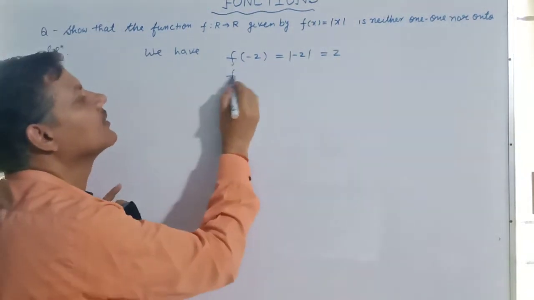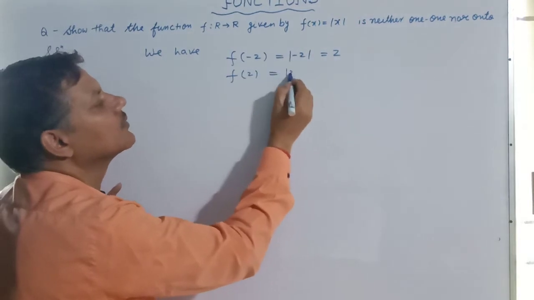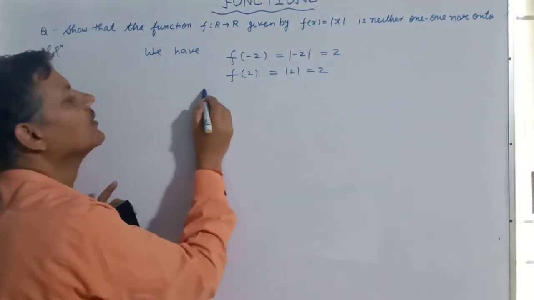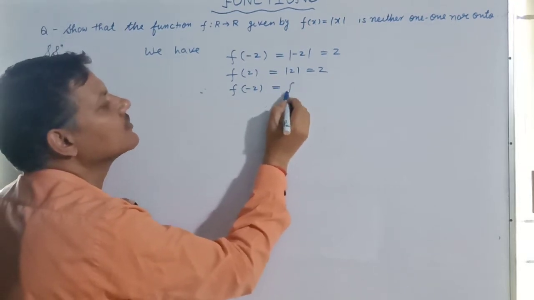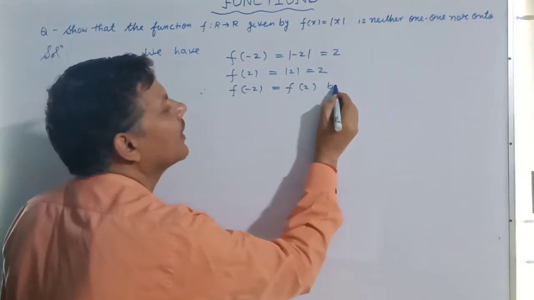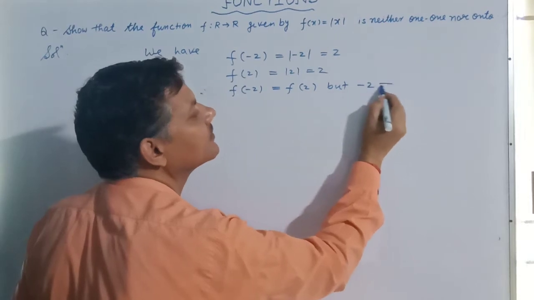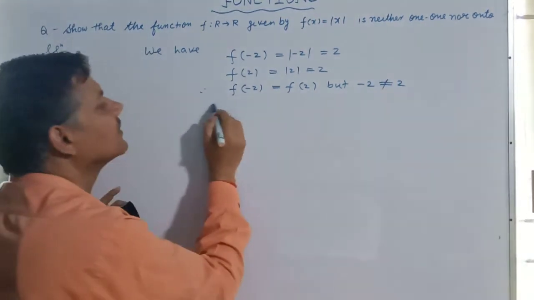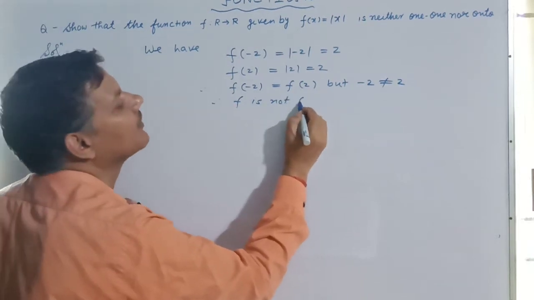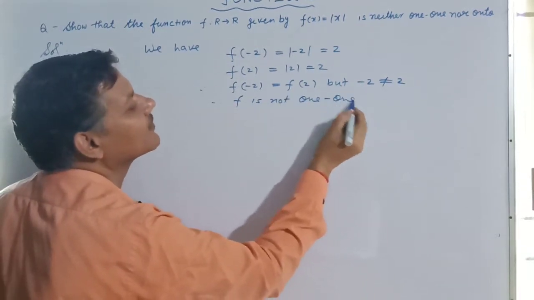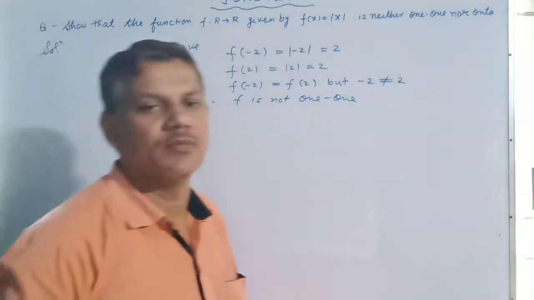At the same time, f(2) is equal to 2. Therefore the image of minus 2 is equal to the image of 2, but minus 2 is never equal to 2, therefore f is not one-one. So the modulus function is many-one.